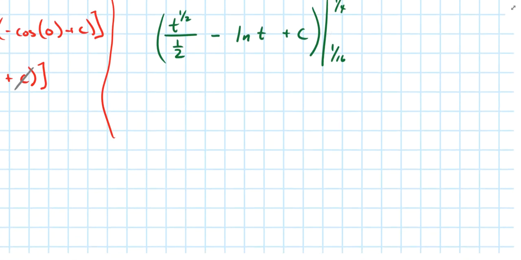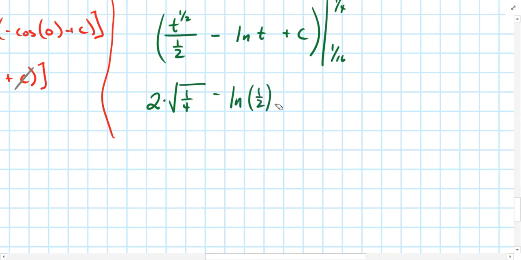Well, these boundaries of integration ended up being pretty nice for us, because I'm going to do this. When we divide by 1/2, that's the same as multiplying by 2. And again, t to the 1/2 power is a square root. So I want the square root of a fourth, square root of 1/4 times 2 minus the natural log of 1/4 plus c.